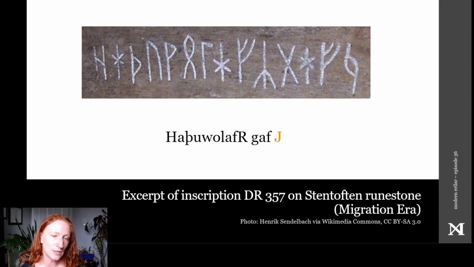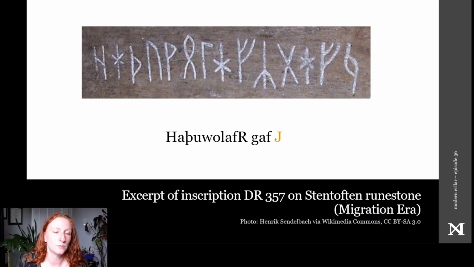I've already mentioned ideographic use of the rune Jera on the Stentoften runestone, represented as a single rune. Stentoften is in Blekinge, now in the southern part of Sweden. This inscription dates perhaps to the 7th century or so, the late 6th or the 7th.